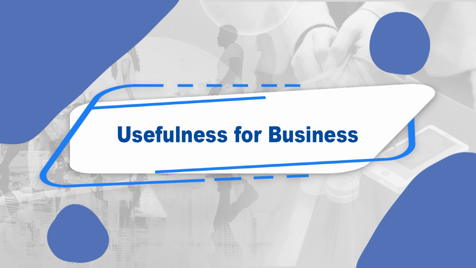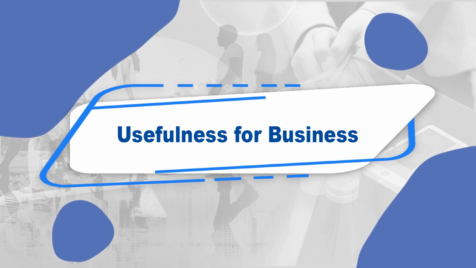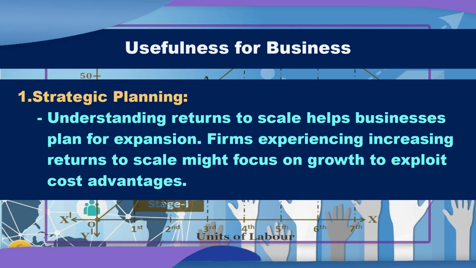Let us look at the usefulness of law of returns to scale for business. First is strategic planning. Understanding returns to scale helps businesses plan for expansion. Firms experiencing increasing returns to scale might focus on growth to exploit cost advantages.